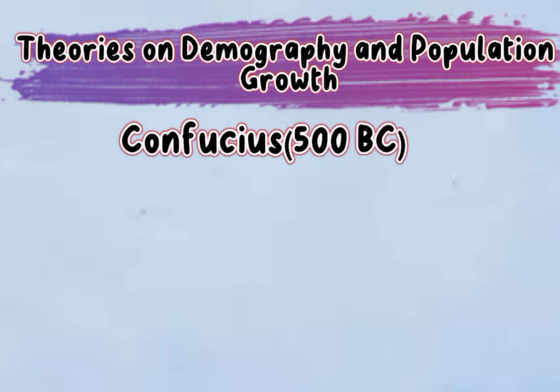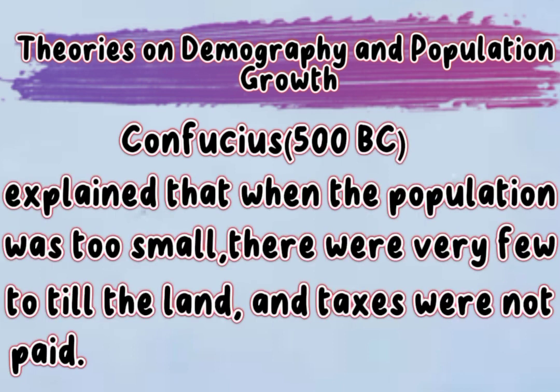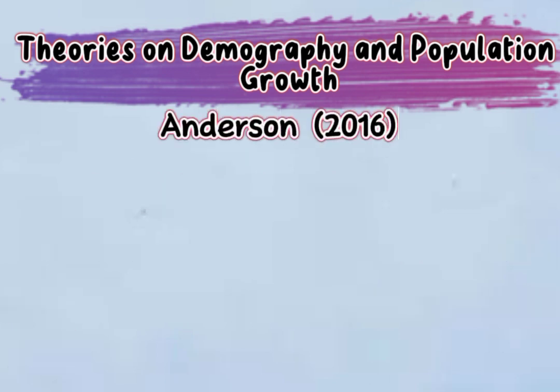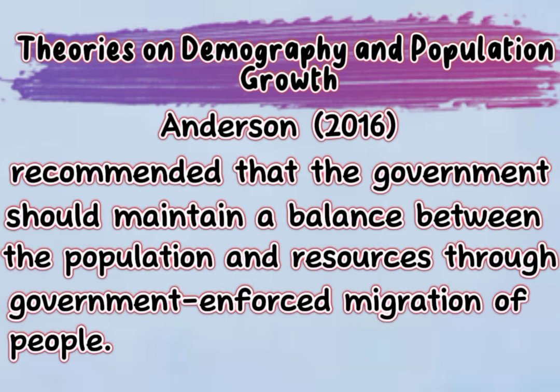Theories on demographic and population growth. Views on population had already been developed in the early history of humanity. Confucius explained that when the population was too small, there were very few to till the land and the taxes were not paid.